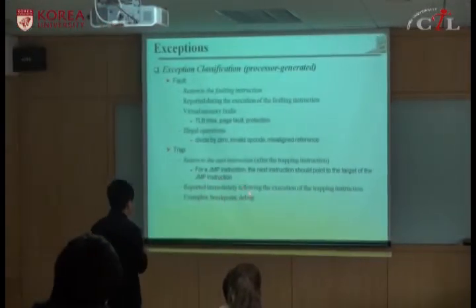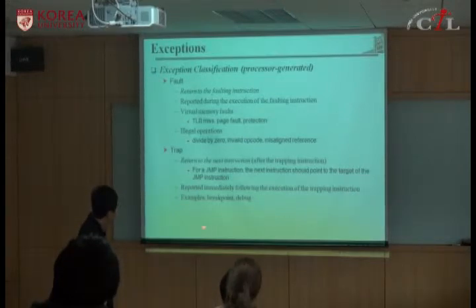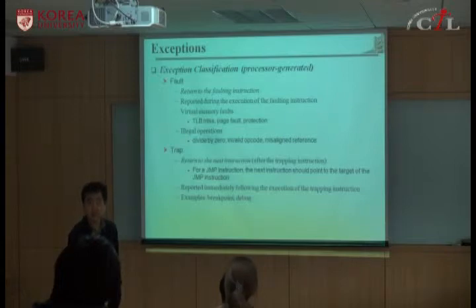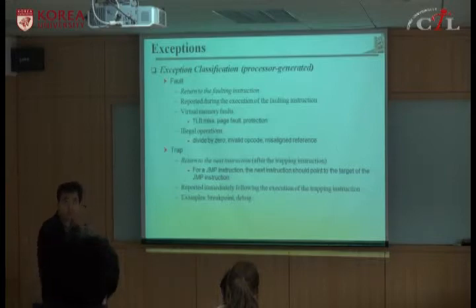You report immediately following the execution of the trapping instruction, and the transfer goes to the next instruction after the trapping instruction. So this is the main difference between fault and trap. If control goes to the next instruction, it's a trap. If control goes back to the faulting instruction, then it's a fault.